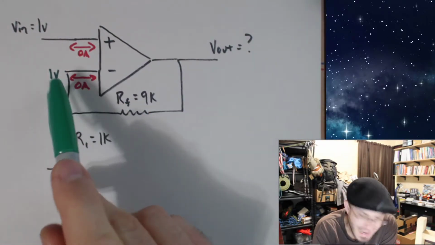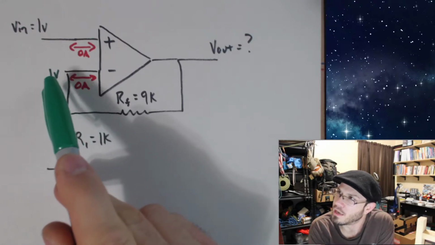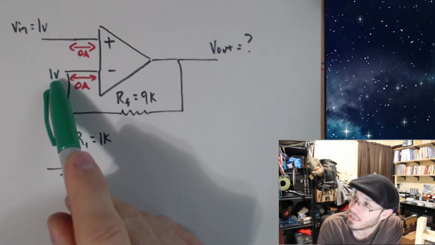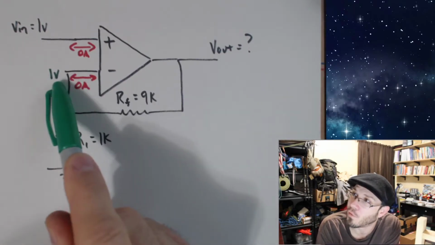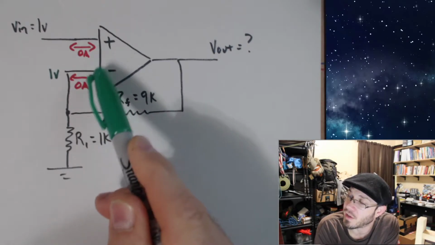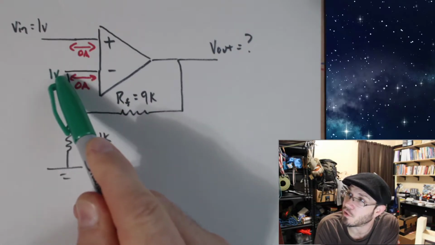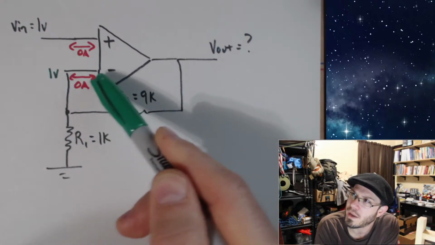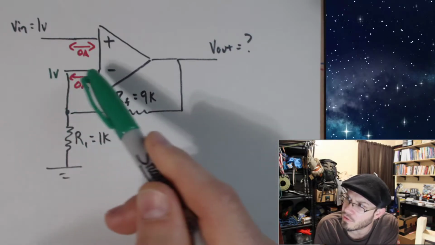Now the question is, how did this become 1 volt? Because by rule number 1, it cannot be made 1 volt from this pin of the device. This pin of the device has no ability to influence the voltage at this point. That's what it means when we have no current in or out of something.